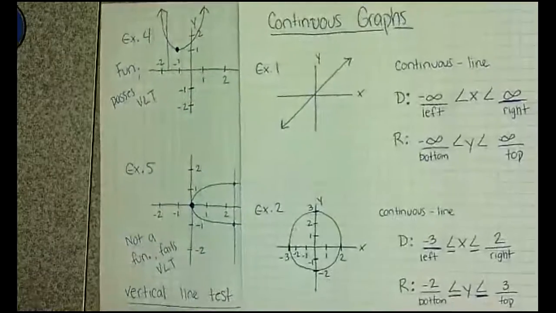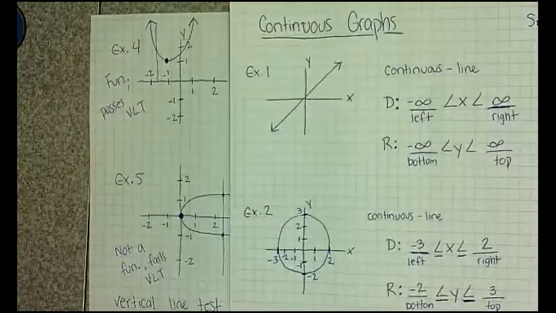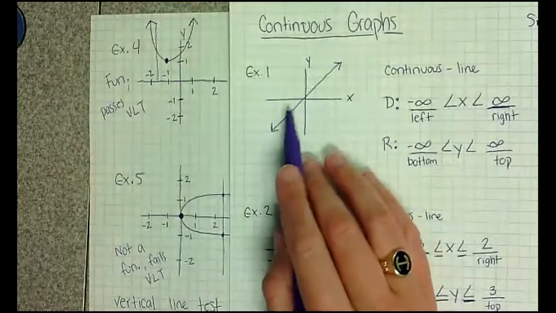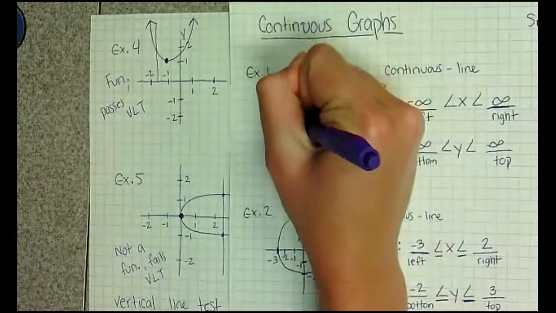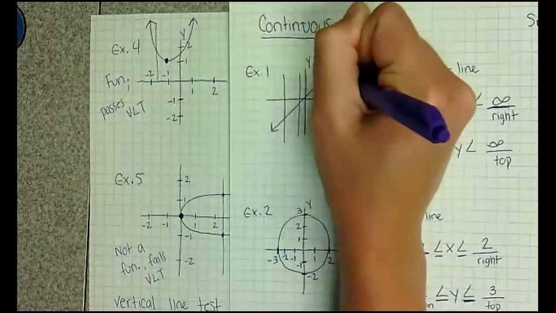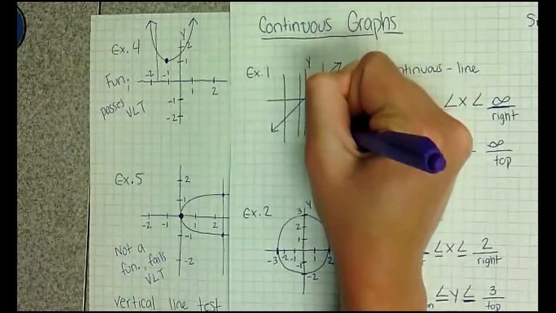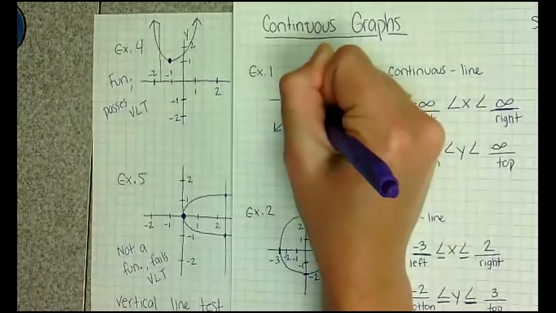So I'm going to go back to some of the other graphs that we did earlier. On example 1, if we draw a vertical line through the graph each time, how many times do we cross the graph? Just the one time.